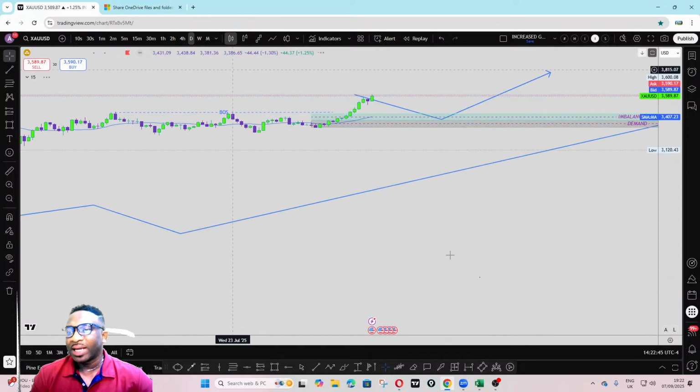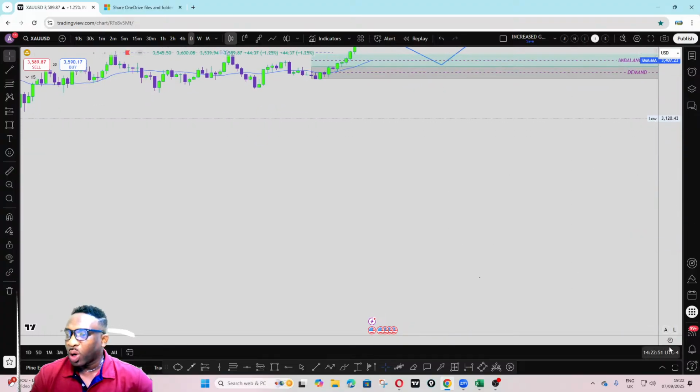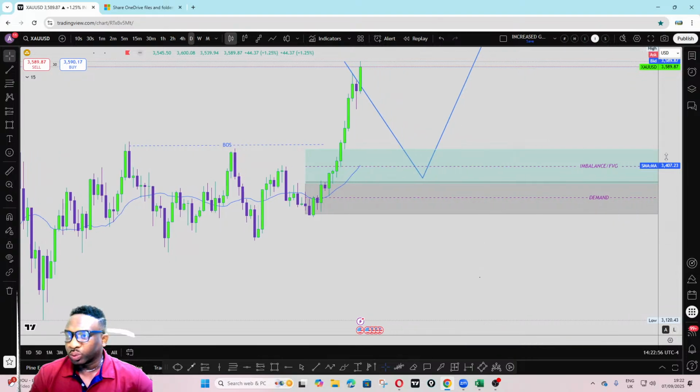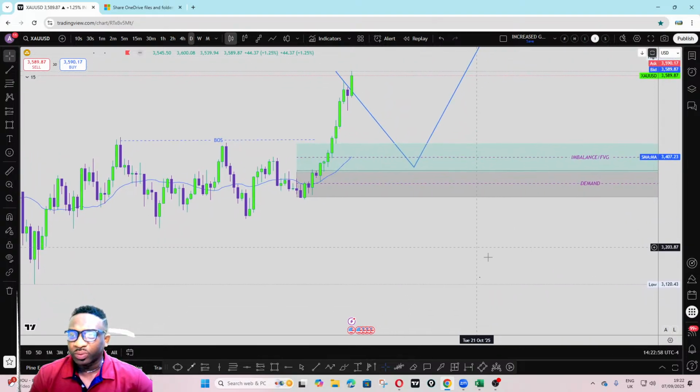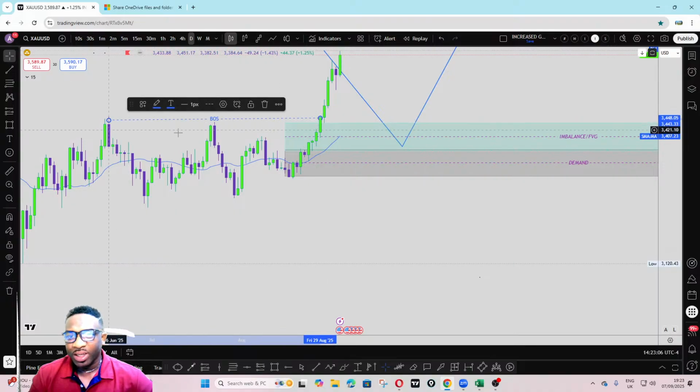So let's go down to the daily time frame as we crack down on top-down analysis on gold. We can see that this is a break of structure right here, where all the liquidity resting here was taken out.